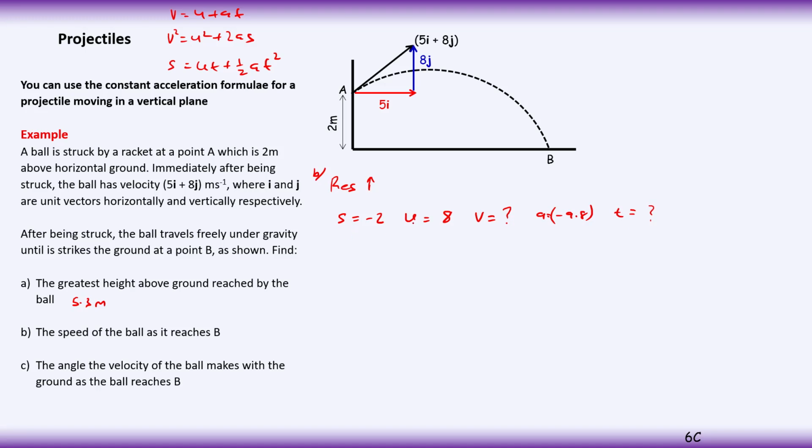So again, I've got S, U, A, I want to find V, so I'm going to use V squared equals U squared plus 2AS. Sub in what I know. So V squared is equal to U squared, 8 squared, plus 2 times minus 9.8 times minus 2, which is going to be 64 plus 4 times 9.8, which is 39.2.